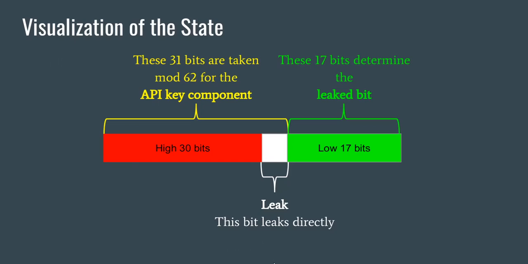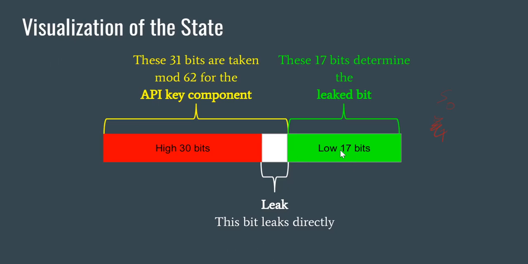So what we can do is just brute force through all possible 17-bit states in the internal state S0. Actually, we only need S0, sorry.